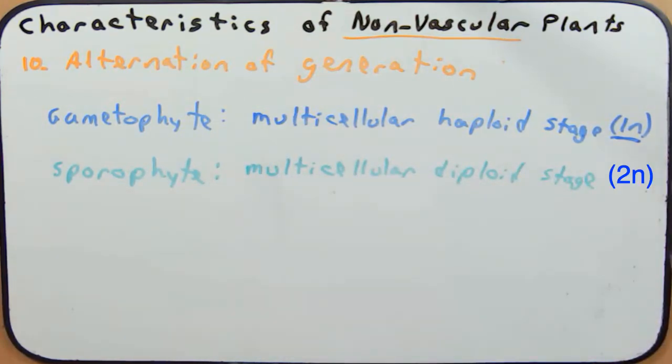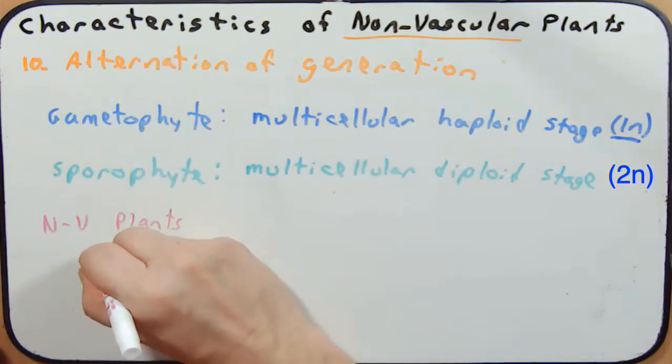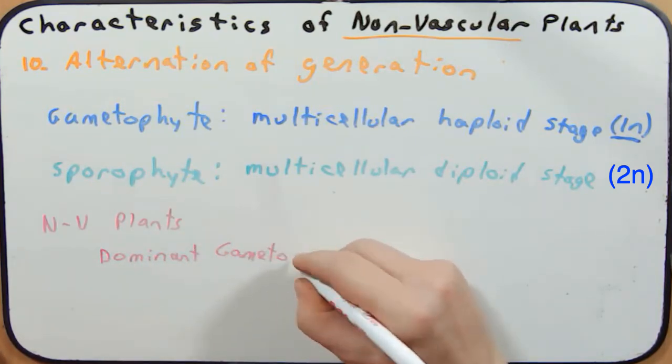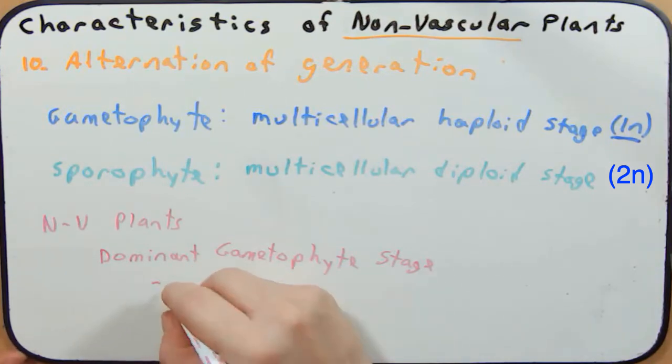Now we'll see that some types of plants are dominated by the gametophyte stage and some are dominated by the sporophyte stage. In non-vascular plants, there is a dominant gametophyte stage. And really what I mean by that is that this is the longest lived stage.